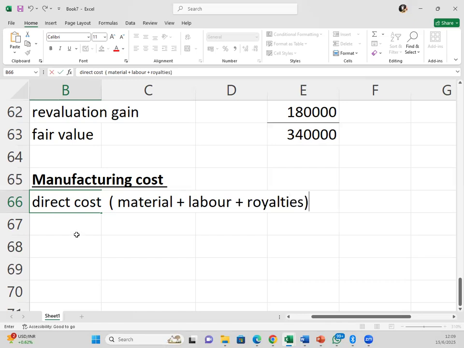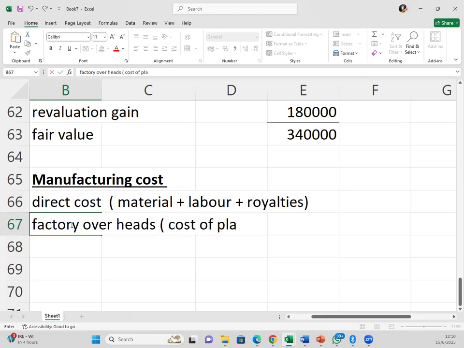Then besides the direct costs, we also have the factory overheads. Factory overheads are the indirect costs. This is where we have the factory rent, the factory rates, the depreciation for plant, the repairs for plant, or we can say operating costs for the plant.